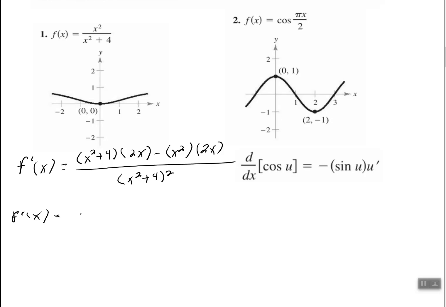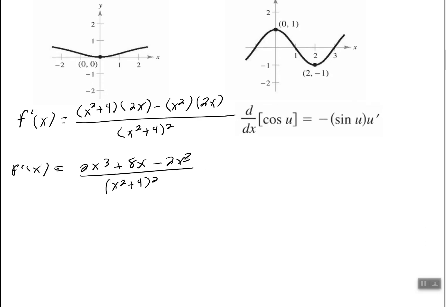Okay, so let's see, distributive property here. And then the 2x cubed terms cancel each other out. So f prime of x equals 8x over x squared plus 4 squared.